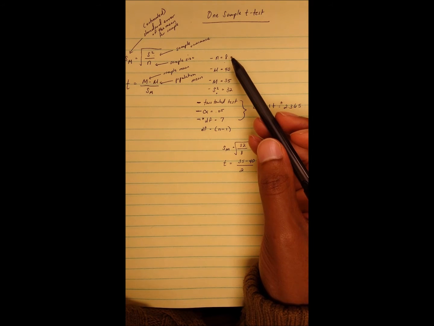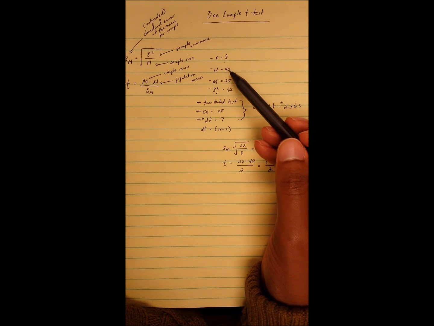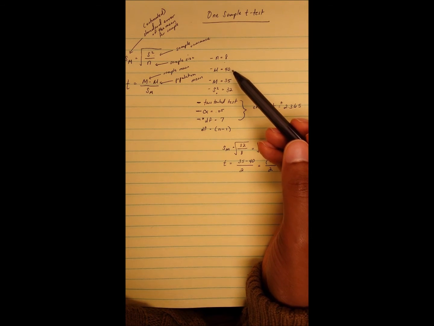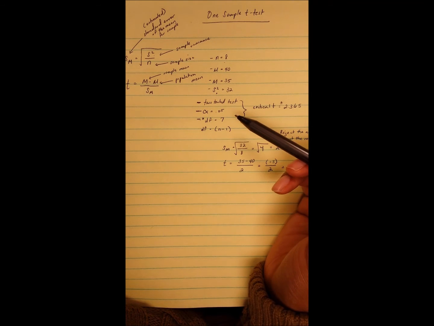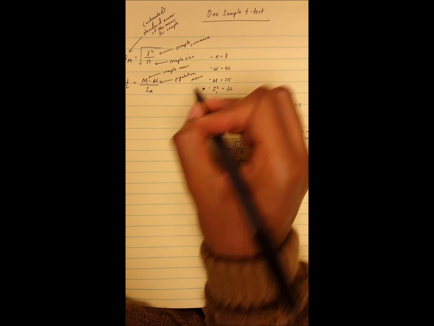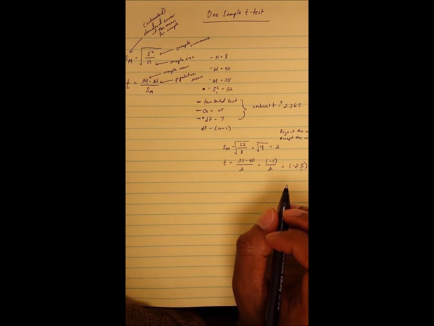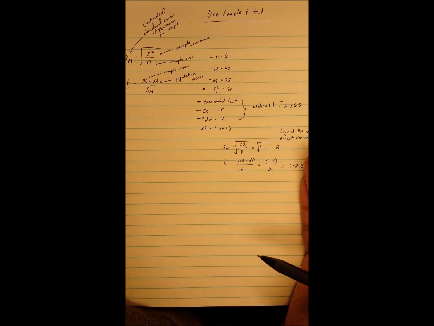Then we went through the problem and we listed out everything that was given to us. So n equals 8, population mean of 40, sample mean of 35, variance of 32. You must have the understanding that sometimes you'll be given the variance, other times you'll be given the standard deviation. There may be cases where you're just given raw numbers and you have to work from the bottom to the top, so to speak.